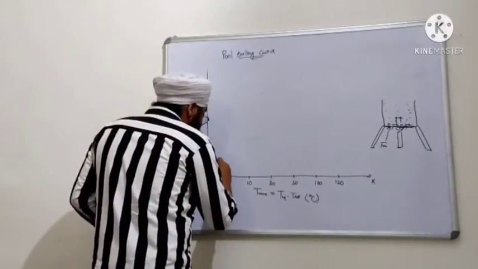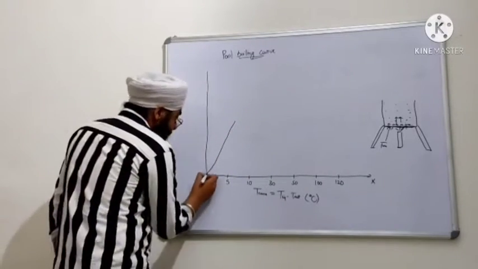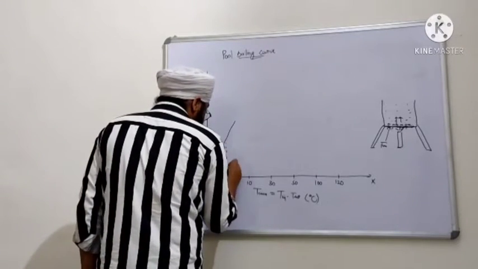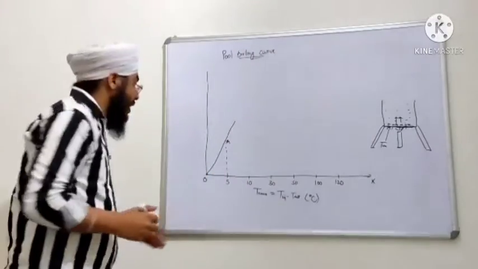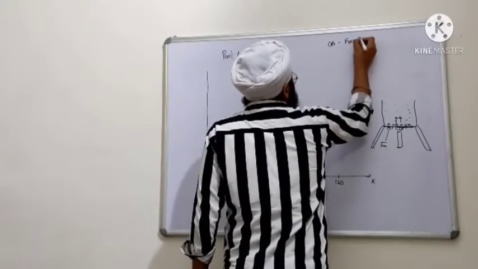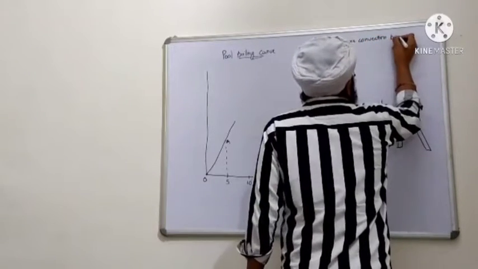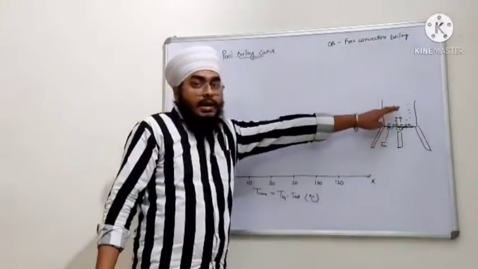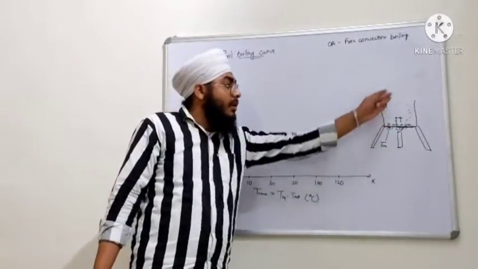So this curve is something like this in the beginning. Let this point be O and this point be A. So the process OA is free convection boiling, which we have discussed here. The particles are rising and the layer which has more weight is coming downward.